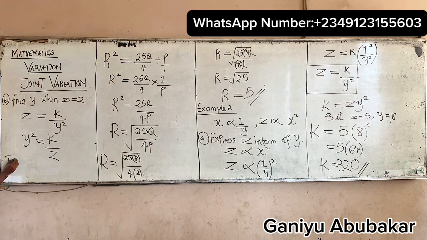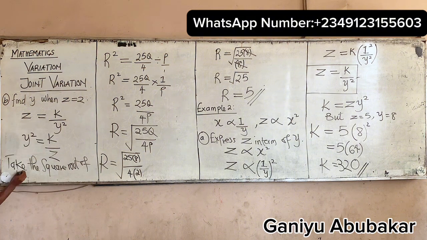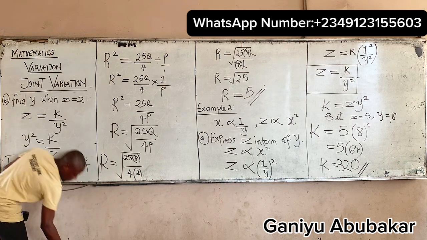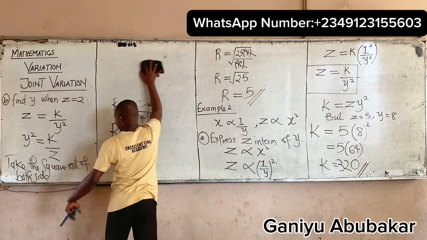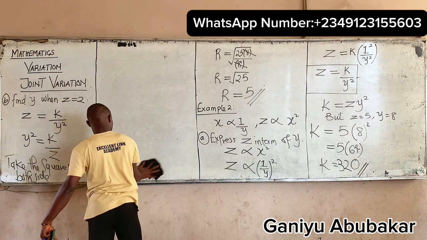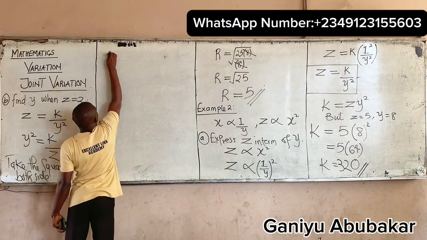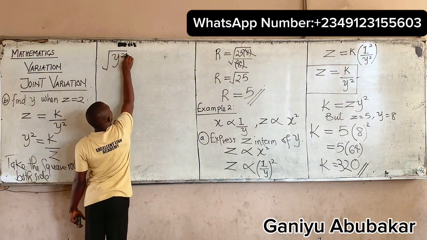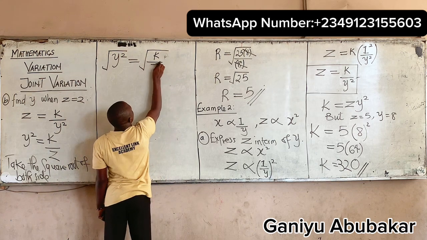Taking the square root of both sides, the square root of y squared is equal to the square root of k over z.